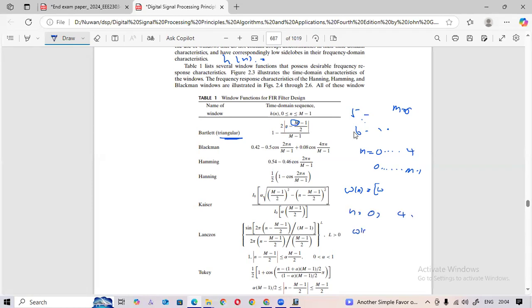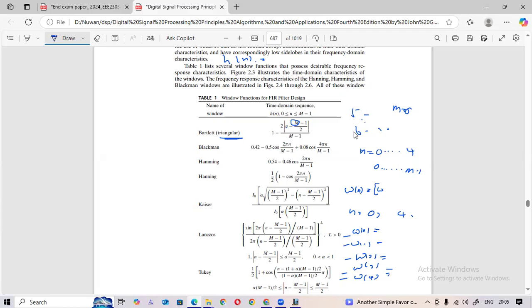Then you have to calculate w(0), w(1), w(2), w(3), w(4). These window values you need to calculate.